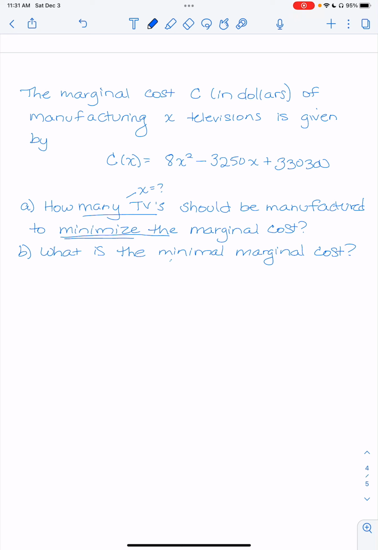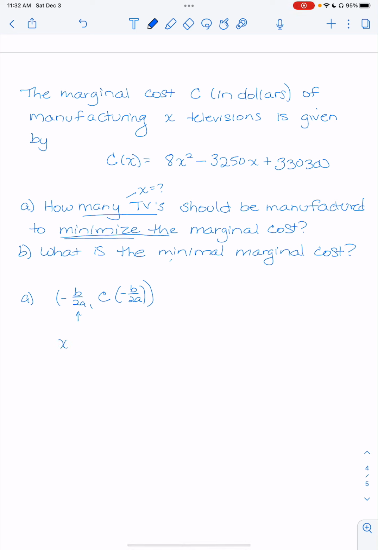Whenever I see the word minimize or maximize when I'm looking at a quadratic, I'm going to think the vertex. So for part A here, I'm going to say I know that the vertex is at negative b over 2a and c of negative b over 2a. And in this case, I want to know how many TVs I should make. So I want the x value from this function for the vertex.